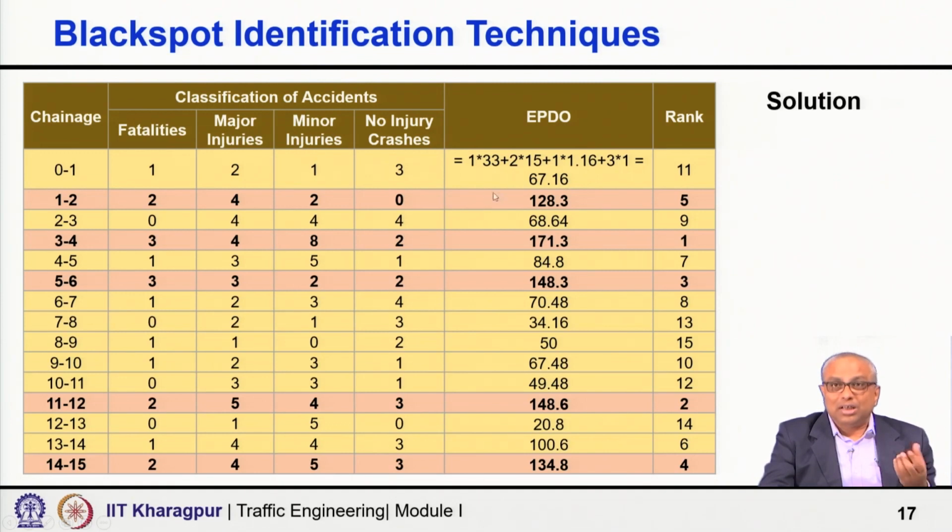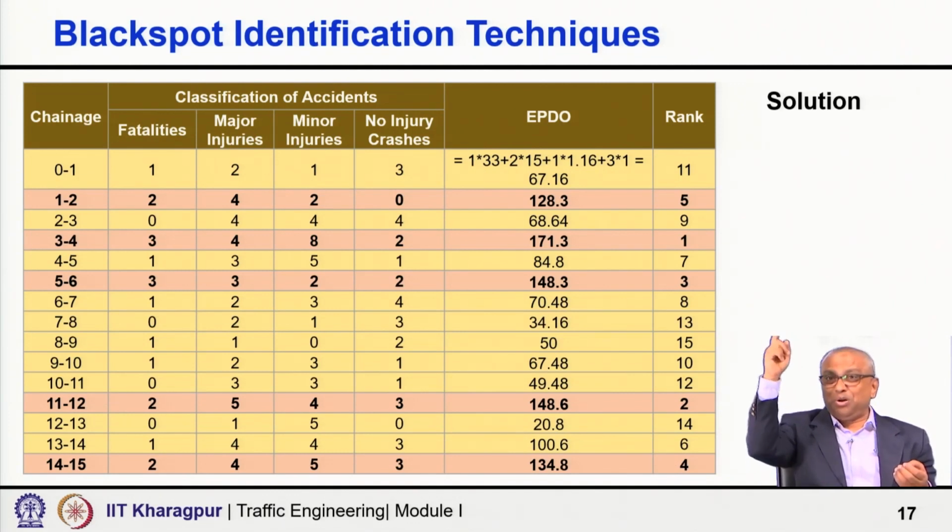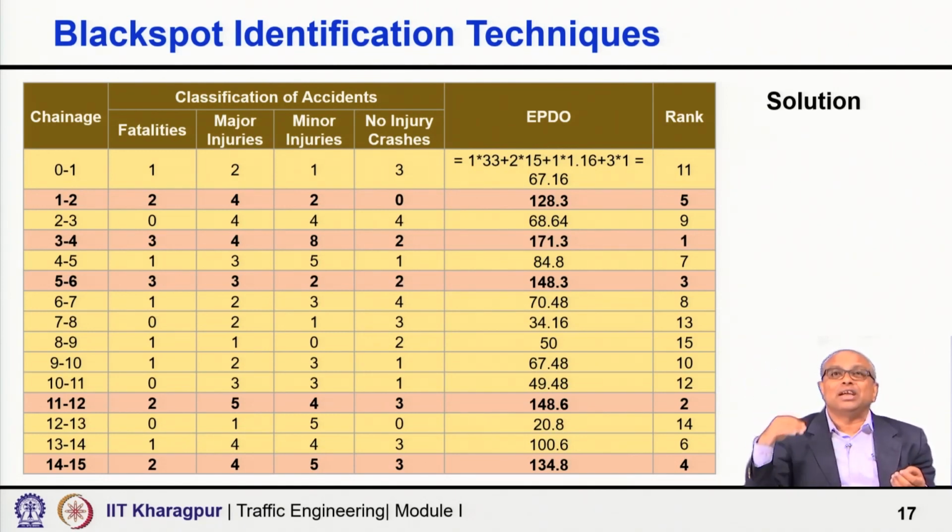Like that, for every segment I can calculate the EPDO value, and then I will rank the sites as per EPDO. The highest will be top, ranked 1, followed by the next maximum value, right, and like that I will get sites number 1, number 2, number 3, number 4, number 5. That is what I have done. And you can see here, 171.3 is the highest value among this.